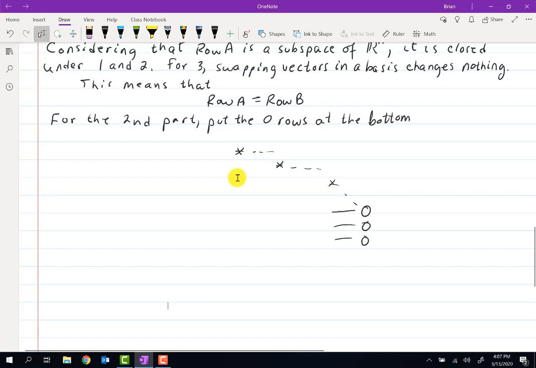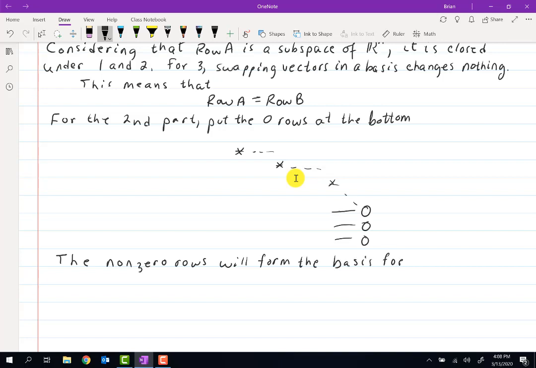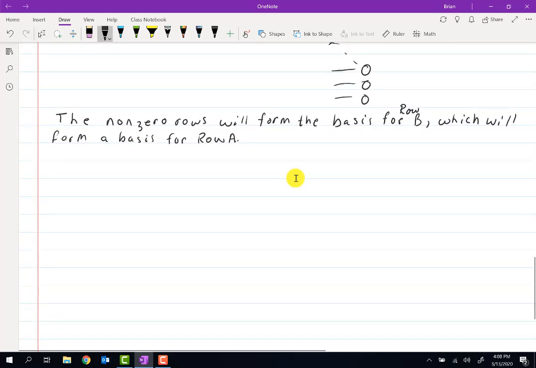So we can see that if we put the 0 rows at the bottom, the non-zero rows will form the basis for row B, which will form a basis for row A.